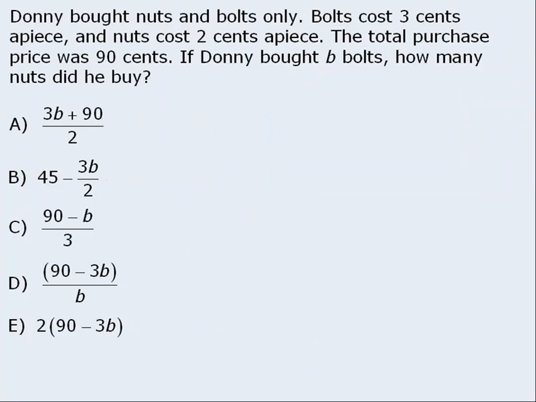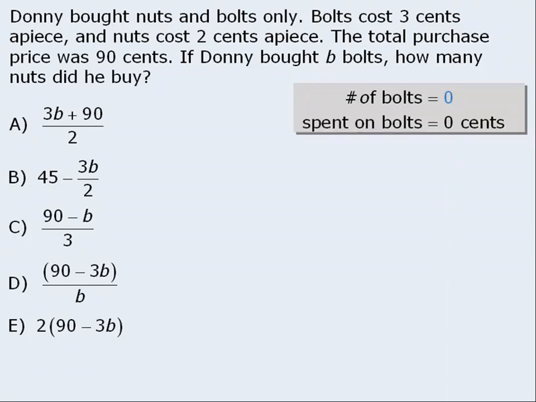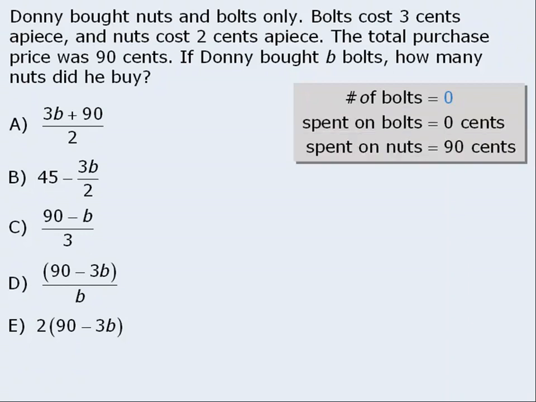Now at this point, I'd like to go back and see what would have happened if we had gone with a scenario in which Donnie bought 0 bolts. In this scenario, the cost of 0 bolts is 0 cents. This means that all 90 cents was spent on nuts, and at 2 cents each, Donnie would have bought 45 nuts. So when B equals 0, the number of nuts purchased is 45.